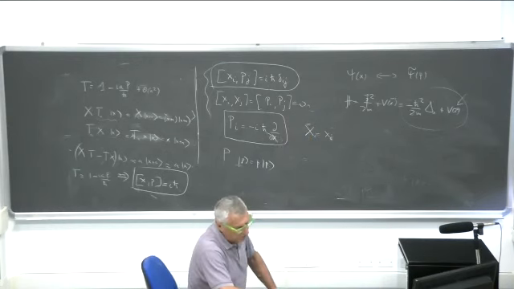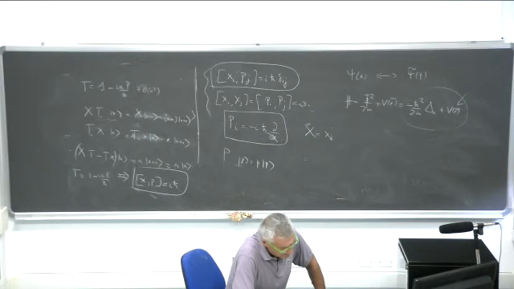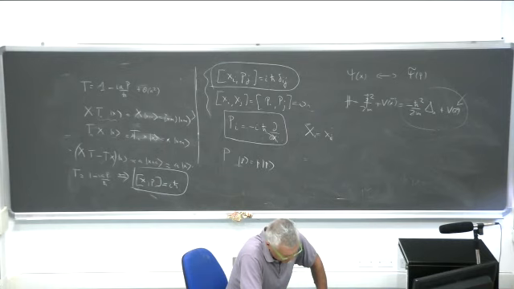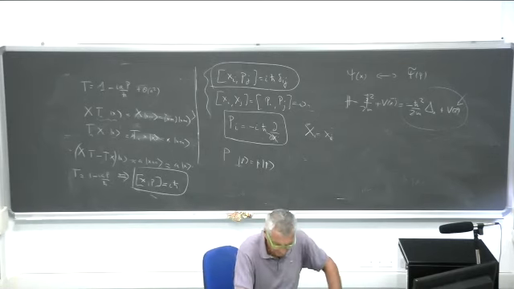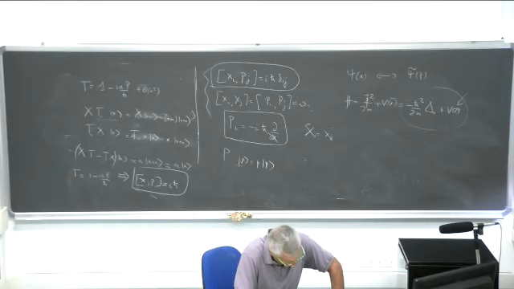Anyhow, maybe you can go through problems 3, 4, and 5 of the homework. Actually, 3, 4, 5, and 6 are very simple, and there is no big calculation to do.